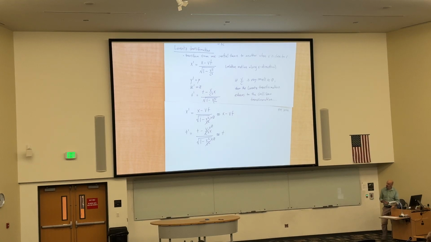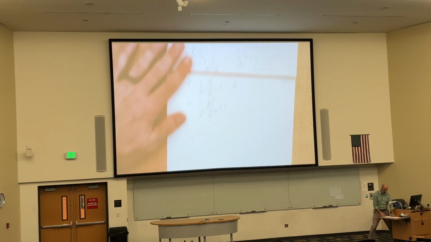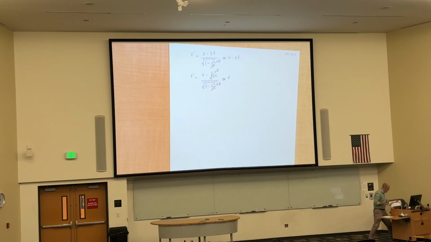So you can translate with position, x, y, z, and time, t, but you can also translate velocity from one reference frame to another when v is close to c, and that's the Lorentz velocity transformation.